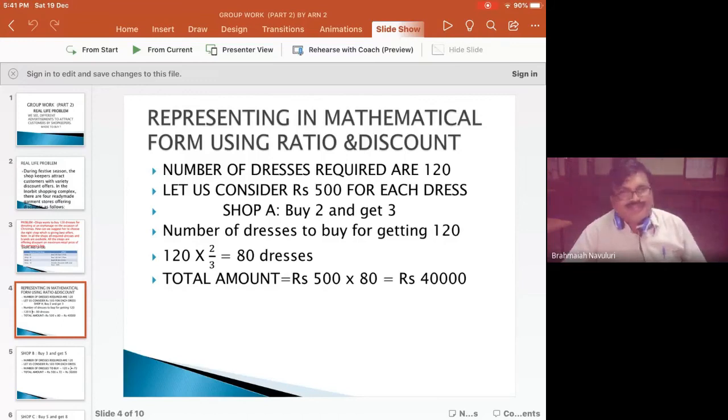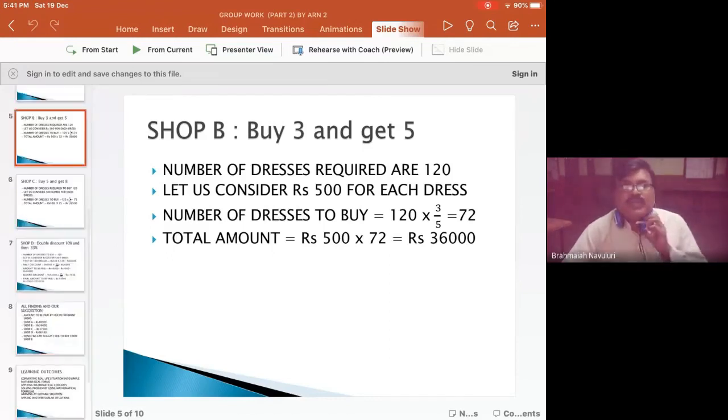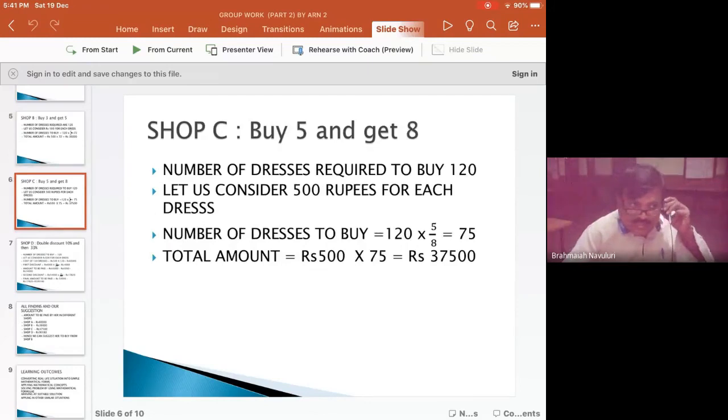Then shop B, in the same manner, if we calculate, it is 36,000. And then if we go for shop C, in the same manner, we get 37,500.